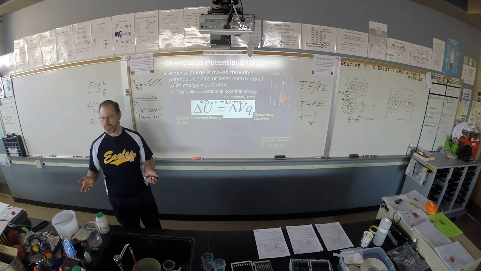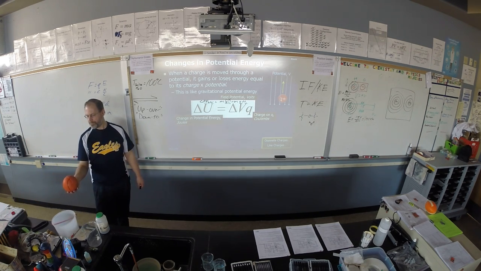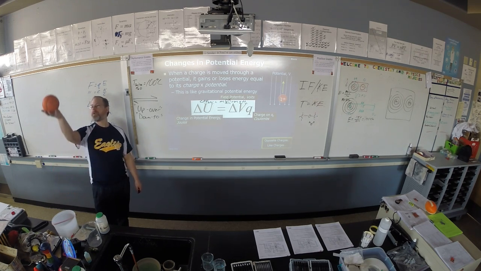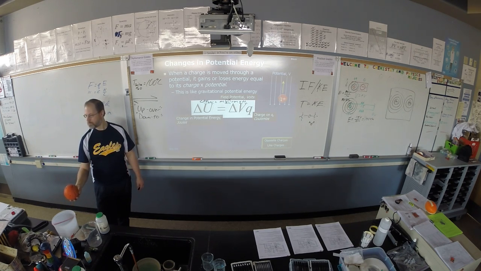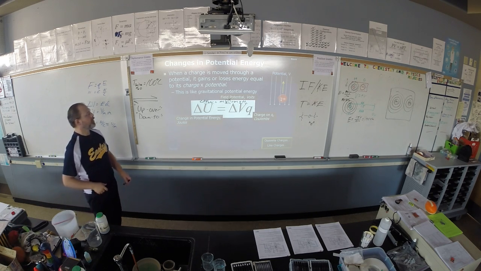Does that make sense? You've done this before. If I take my ball, find its mass, multiply it by 10, and then by how far I push it through the gravitational field, that is how much potential energy it gains. Make sense? Same thing with the charged particle.